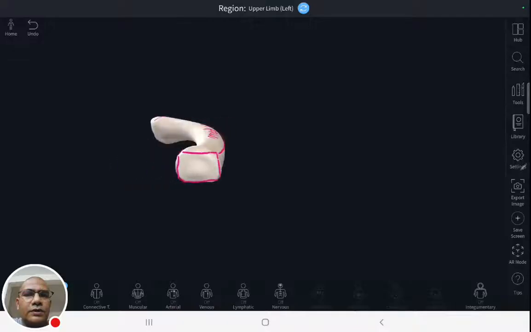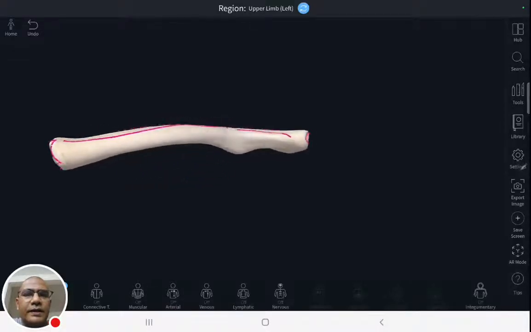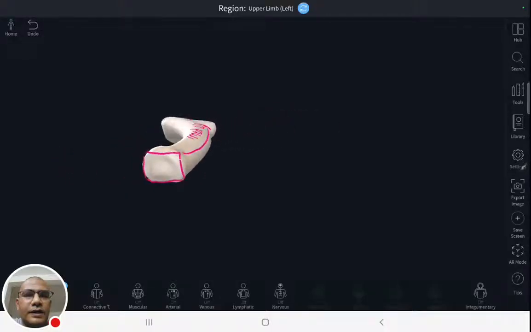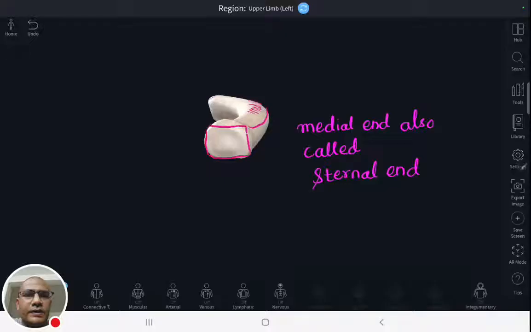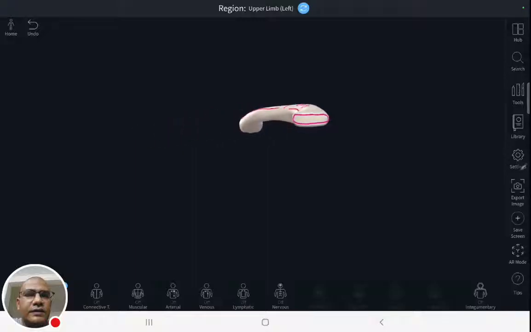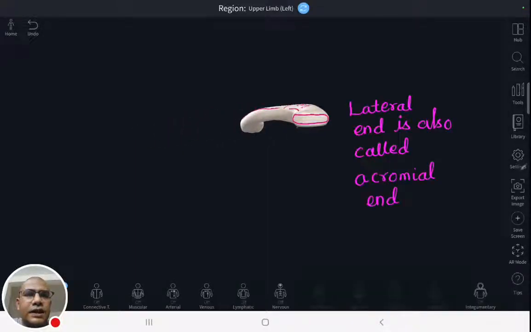So we have quadrilateral sternal end or medial end and flat lateral end, also called acromial end. Let us revise. Medial end is also called sternal end, whereas lateral end is also called acromial end.